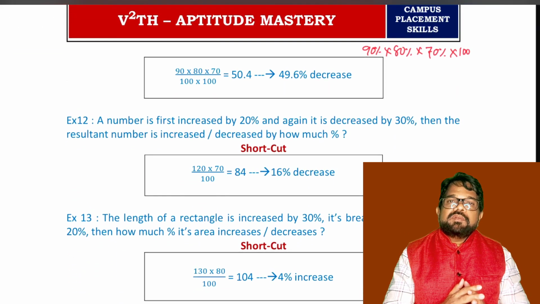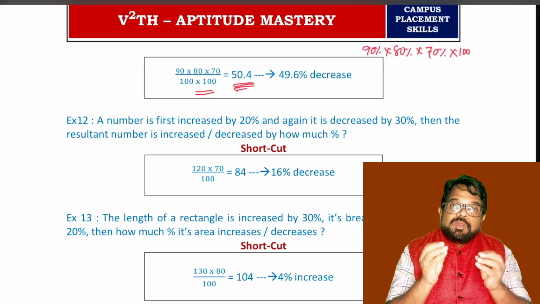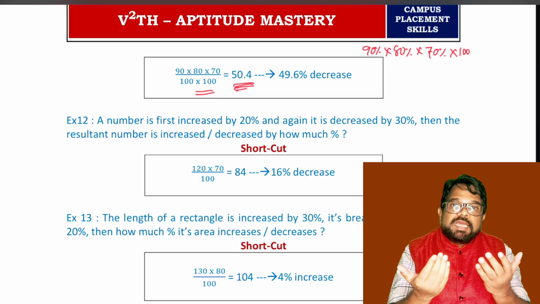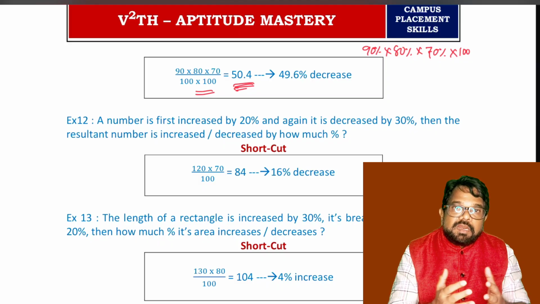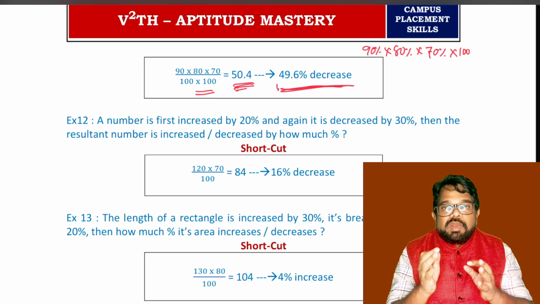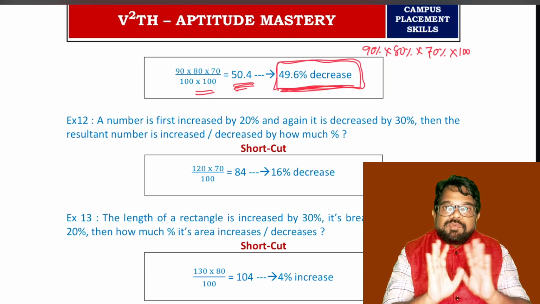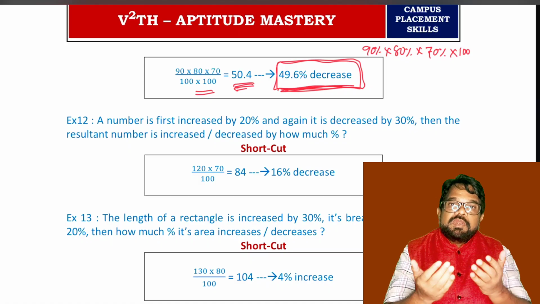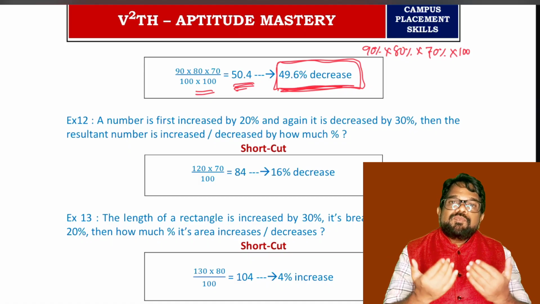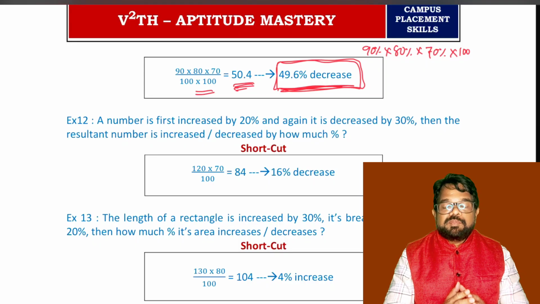Resultant value, how much you got? 50.4. Resultant value 50.4 means how much less than 100 it is? 49.6. So the resultant value is decreased by how much percent now? 49.6%. Don't say 50.4. So it is decreased by 49.6%.